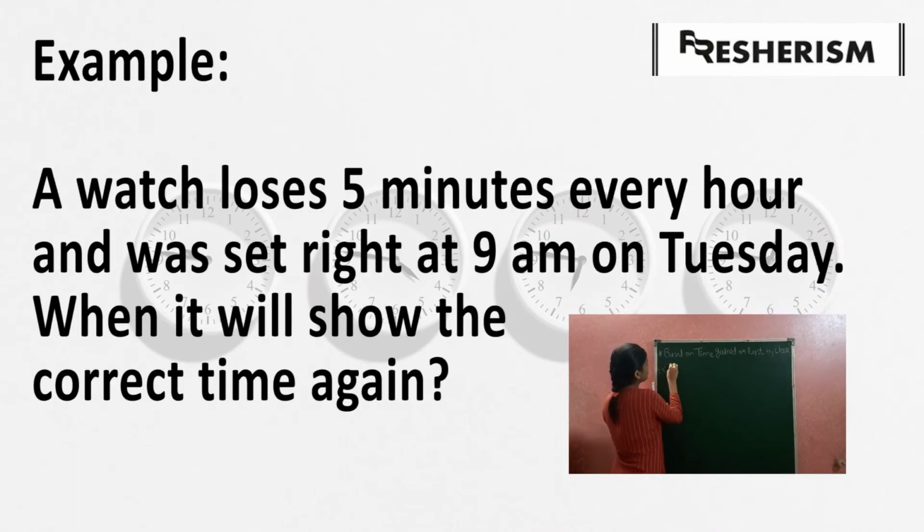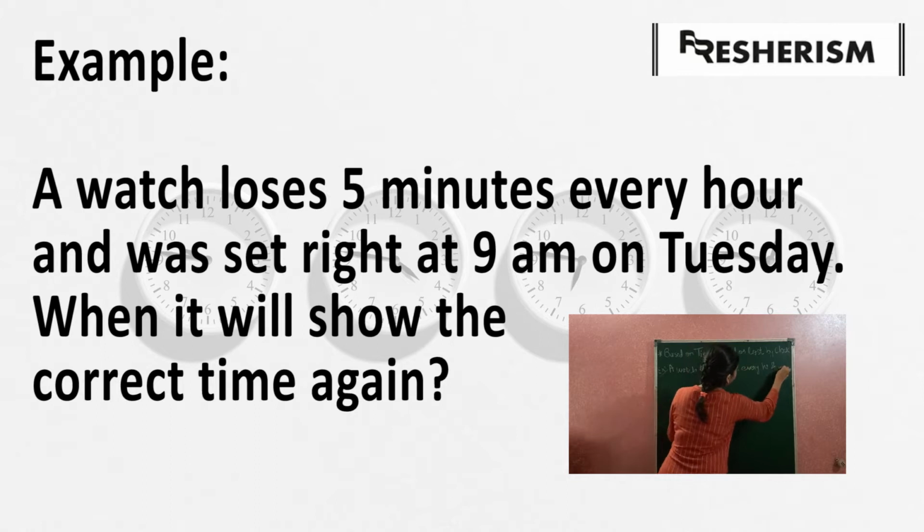A watch or a clock loses 5 minutes. So it is now losing. Earlier it was gaining. Here it is losing 5 minutes every hour. And it was set right at 9 a.m. on Tuesday.